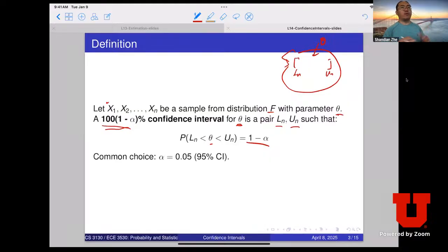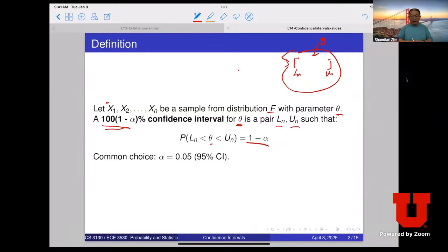That will usually make this range very, very large, because the larger Ln and Un, the more likely theta will fall in, right? And in the extreme case, it will be minus infinity to positive infinity. Then theta falls in this range with probability 1, right? But that is practically nonsense, right?